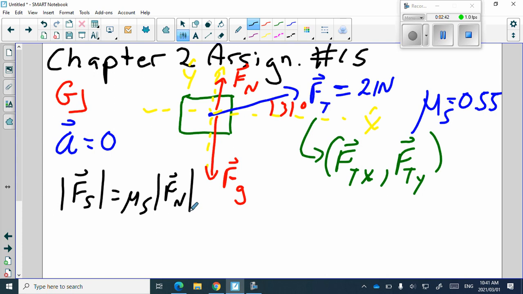Okay? Now, the normal force here and the force of gravity here are not equal in magnitude and opposite in direction. They're not. Because you've got force tension Y. It's kind of lifting it slightly off the surface.